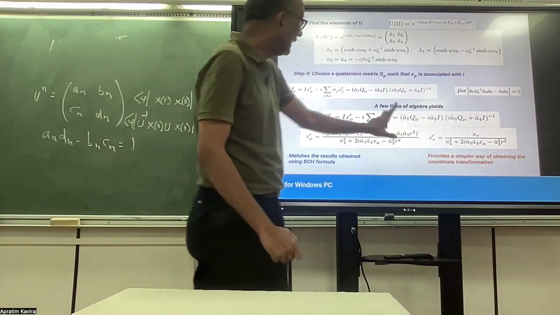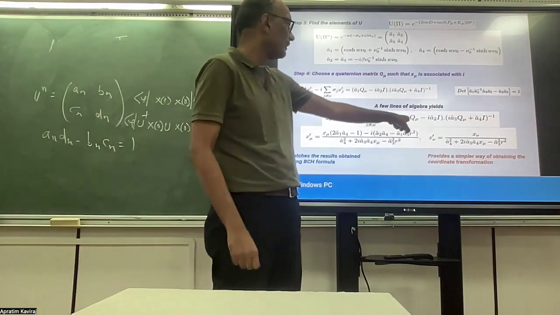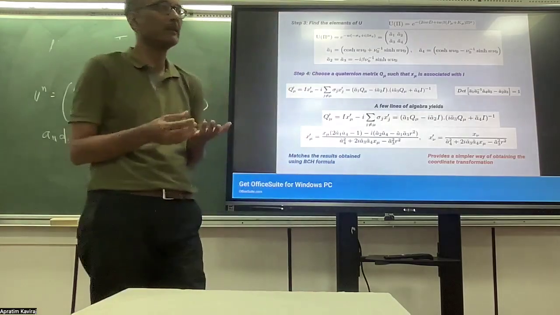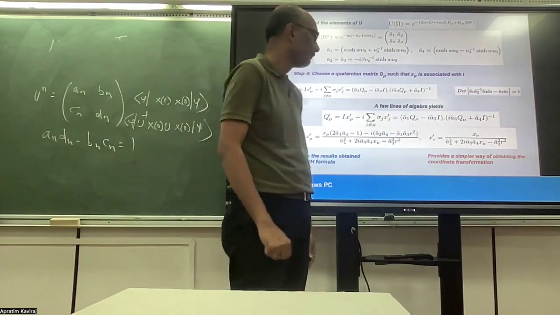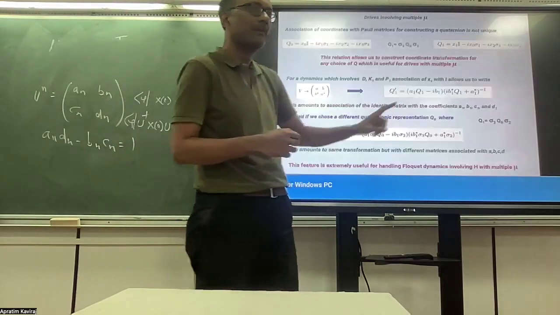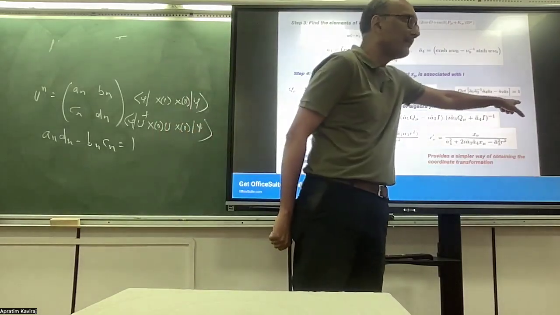And notice that in principle, I could have used a matrix structure along with this A1 tilde and A2 tilde. Those are allowed in the quaternion, because these coefficients can be essentially 2 by 2 matrices, and this is the condition that they must satisfy.